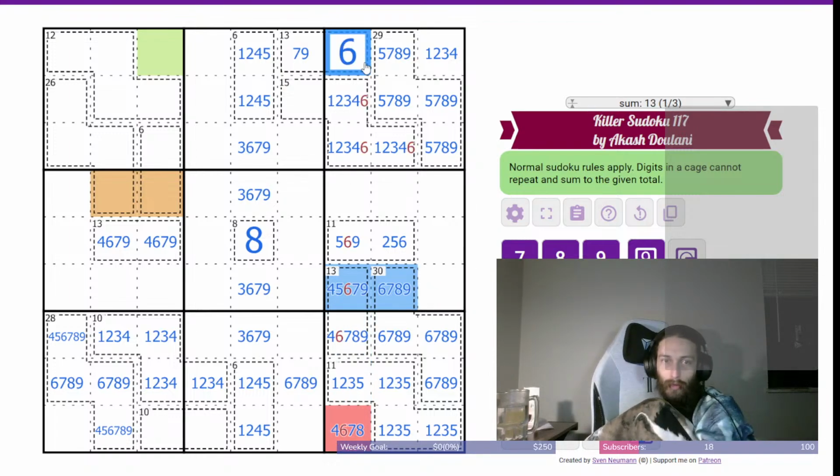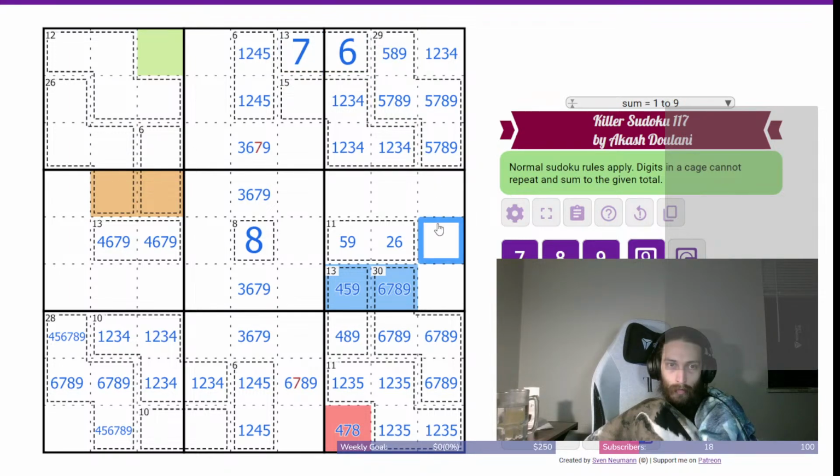This has to be 4 or 6. It's automatically a 6 because of the 4 that's in this column. Right. Okay. All right. So this is 5 more than this one? Yes.